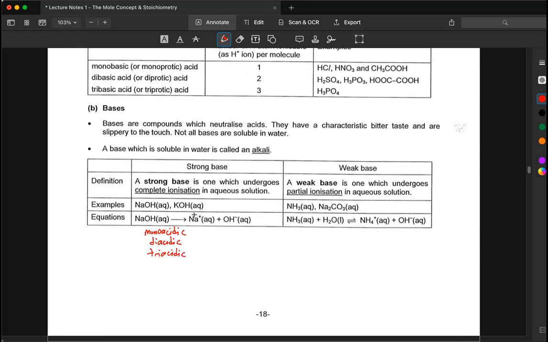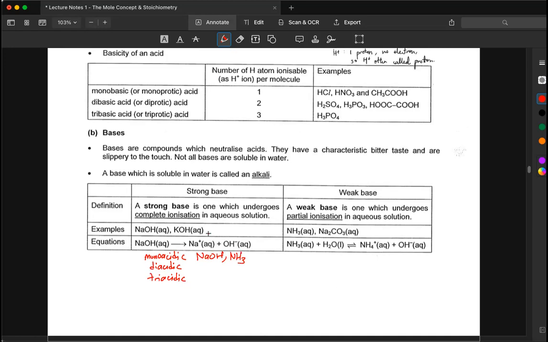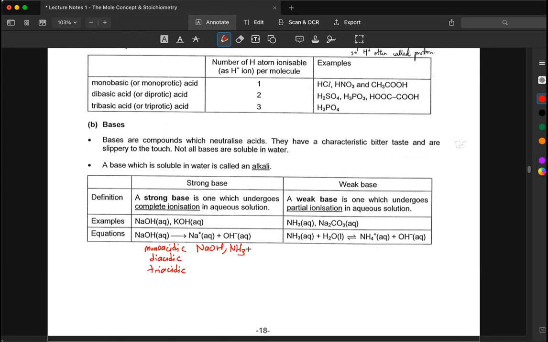So monoacidic will be your NaOH and NH3, where they dissociate to form 1 mole of OH minus per 1 mole of alkaline molecule. Then diacidic will be the base with 2 moles. These are just for your knowledge lah. It may or may not appear lah.